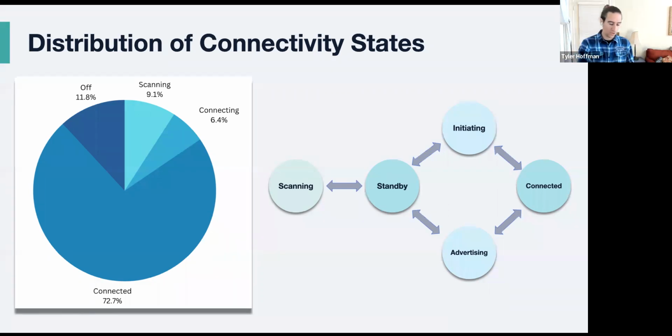That is if you're being connected to, or if you're connecting to something else, which is the client, which is the host. And then you can go into a connected state. If you're tracking metrics for all of these individual states and whether the Bluetooth radio is off or not, you should be able to add up to 100%, which states all of these devices were in on any given hour.